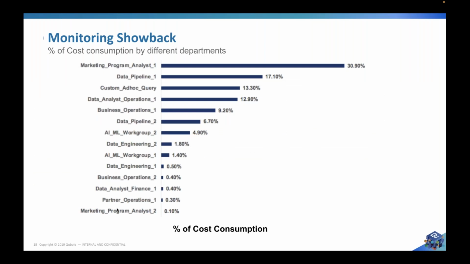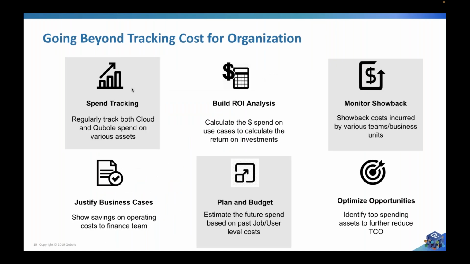Monitoring showback: let's suppose you tag the clusters, and based on that you can come up with an analysis of which departments are using what, and you can go and charge back. Okay, so I spoke about this already: spend tracking, build ROI analysis, monitor showback, justify the business cases, plan and budget, and optimize.